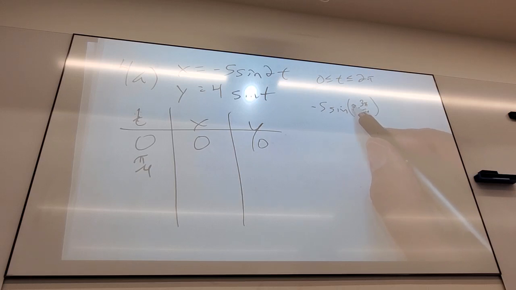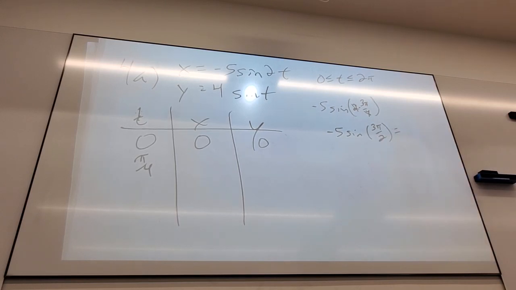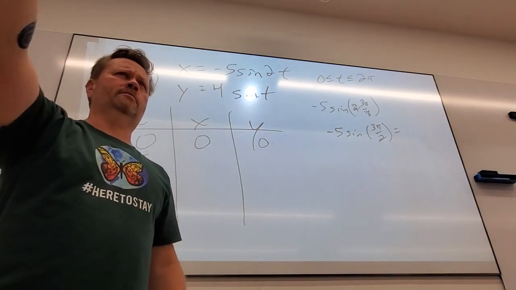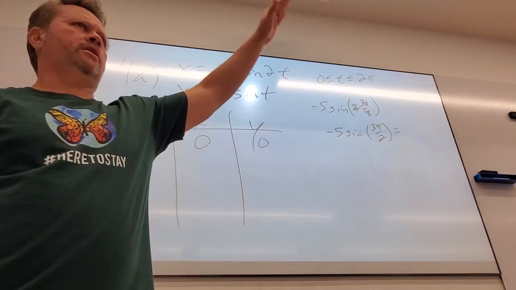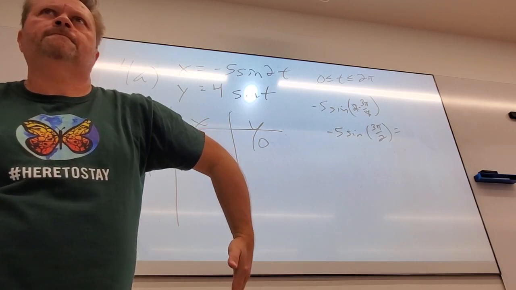What happens? What's the sine of 3 pi over 2? Negative 1? Yeah, because 3 pi over 2 is here, right? This would be negative 1.